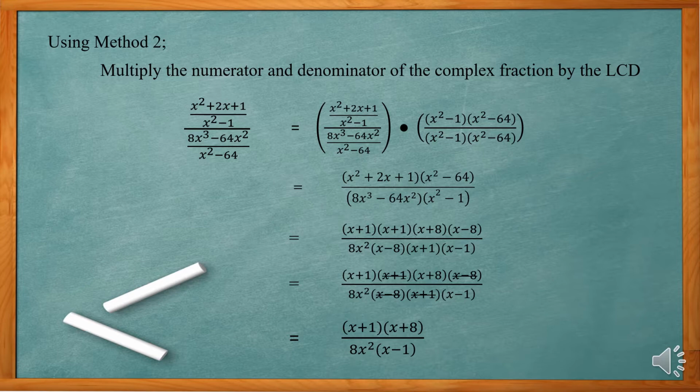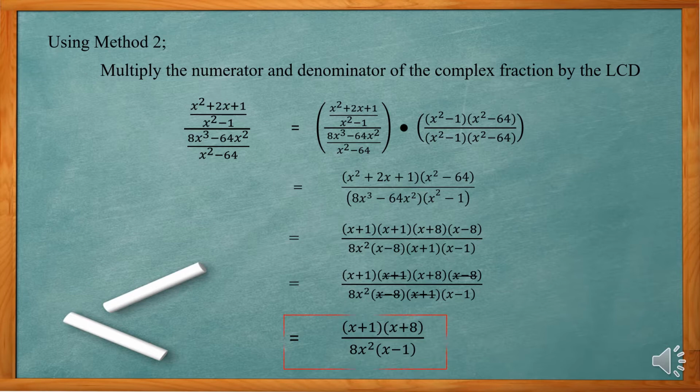Yes, this is already the simplest form of the expression because we cannot factor this out. And recall the answer using method 1. Yes, it's the same. So, using method 2 or using method 1, you will always lead to the same answer. So, better use the method that you're comfortable with.